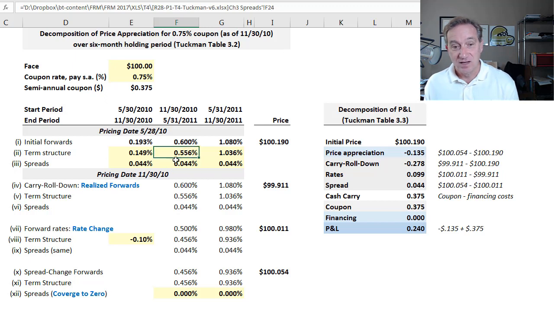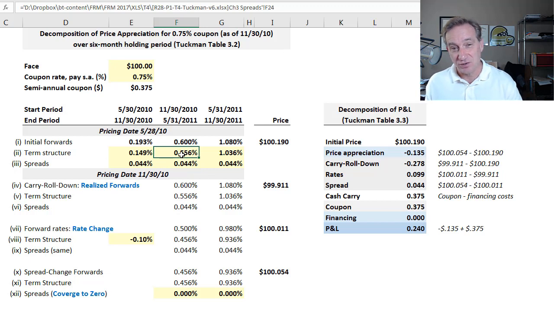That's easy. Okay, so this term structure, I'm going to call that the risk-free term structure. So that when we have 60 basis points for this 6-month forward rate, it is the summation of 55.6 basis points for the risk-free or riskless term structure plus the spread, right?